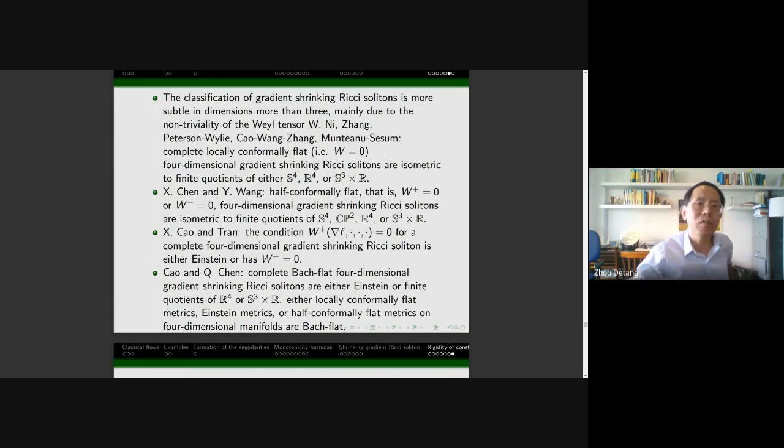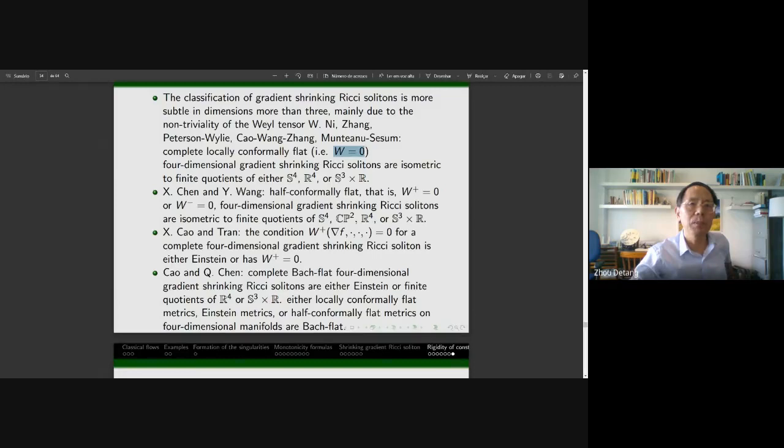First they assumed that the Weyl tensor is 0 and could classify it. Later they said you don't need to compute the whole Weyl tensor; you only need one of these components to be 0, and they can prove it.